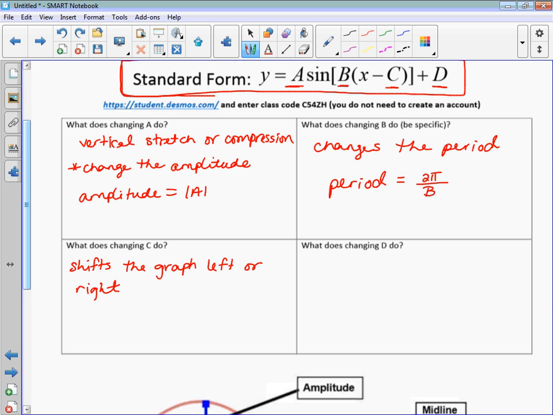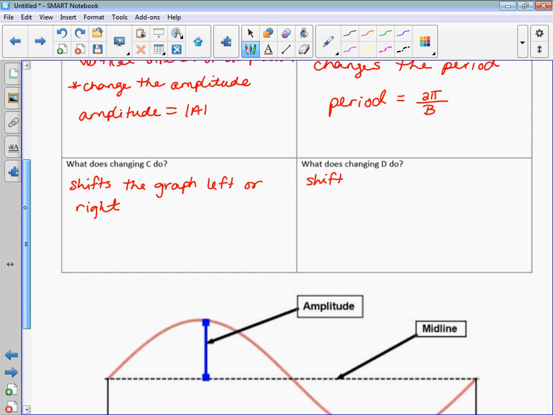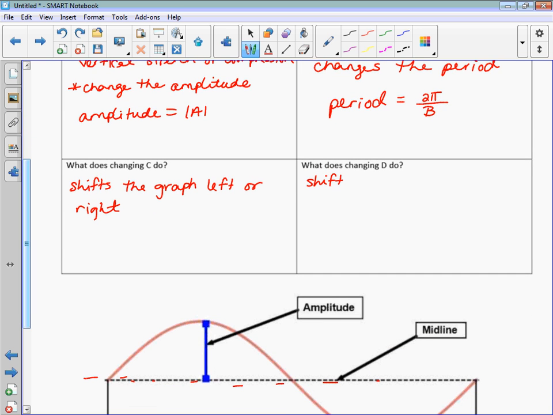And then what do you think D will do? Yep, so it's going to shift up or down. And instead of just saying the graph, I'm actually going to say the midline. You guys see this midline down here? We'll reference that a lot. That also shifts.